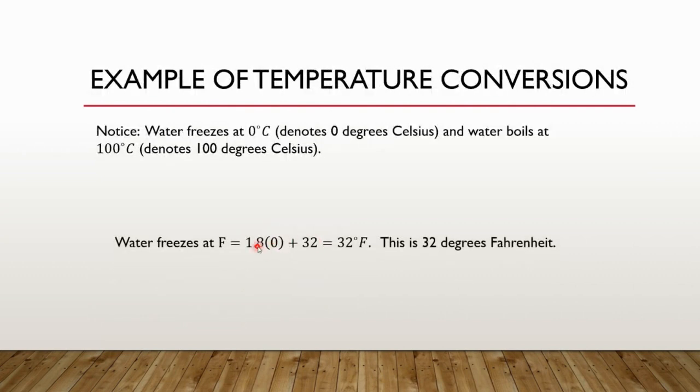Doing so, we get 32, and we put the degrees Fahrenheit on at the very end. So it's 32 degrees Fahrenheit, or you can write it out in words like this. Either one is right.